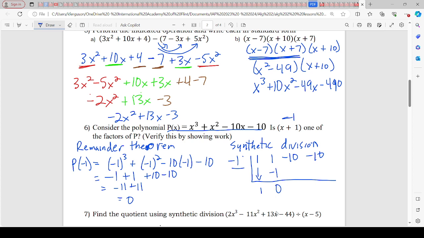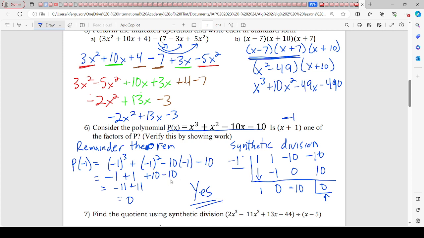So then I get 0 right here, right? So negative 1 times 0 is 0. So I bring that down. Negative 10 and 0 is negative 10. And then I take negative 1 times the negative 10. A negative times a negative is a positive. So that's positive 10. So I get 0. If that right there is 0, then yes, it's a factor. So the answer to the problem is yes.